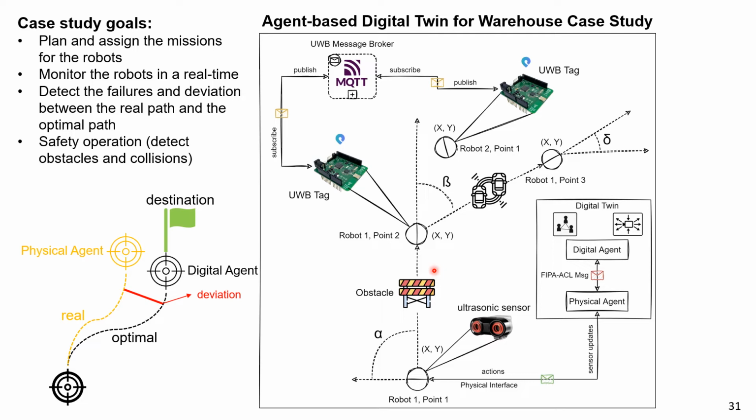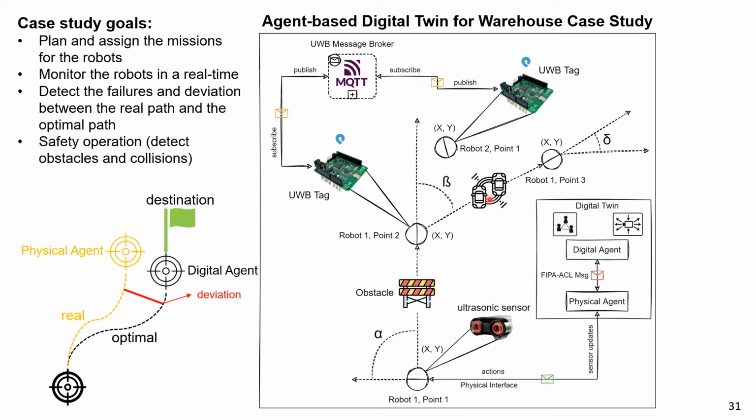or can be broadcast by a high-level agent, which is located in the digital twin, because usually robots don't have this information. The physical agent needs a high-level perspective of the system, or of all the robots located in the environment.